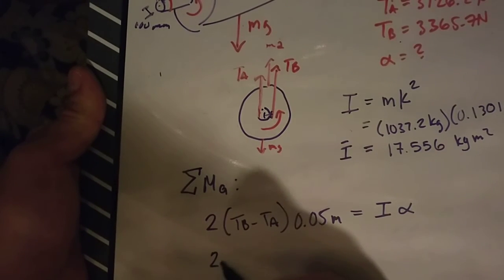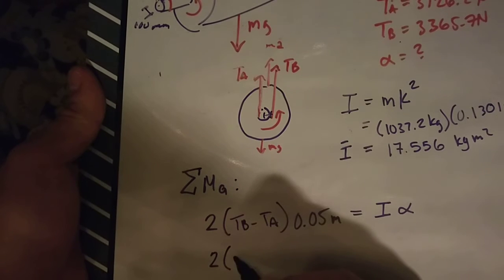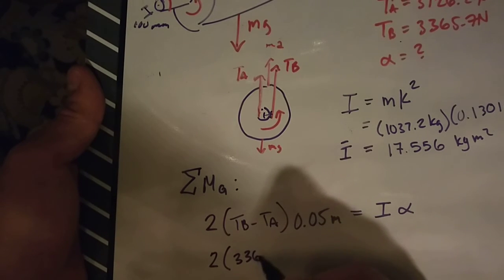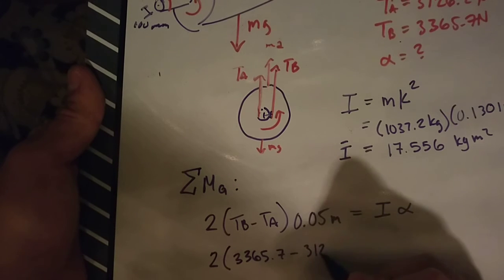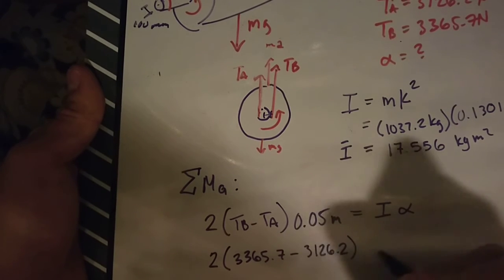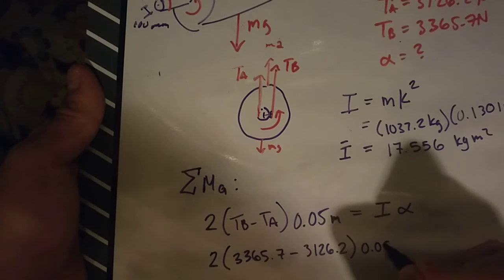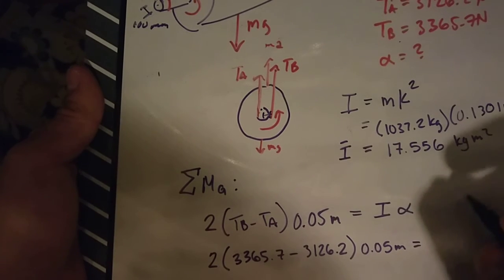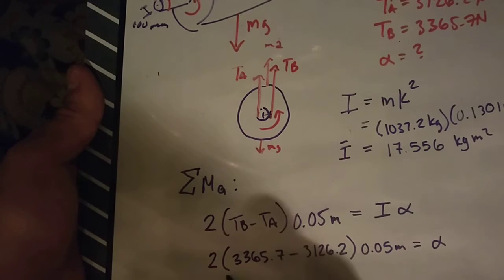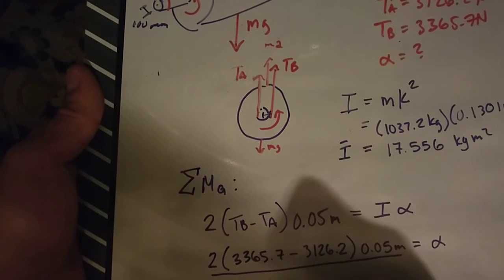So we are going to have 2 times the tension at B minus 3126.2 times 0.05 is equal to the moment of inertia times angular acceleration, and we'll just do this here.